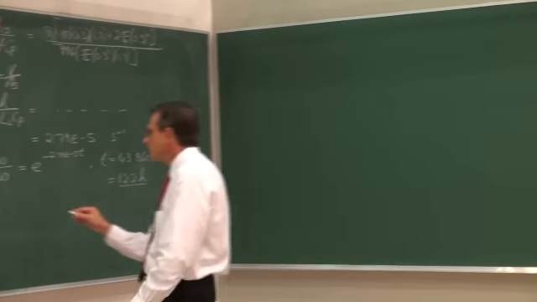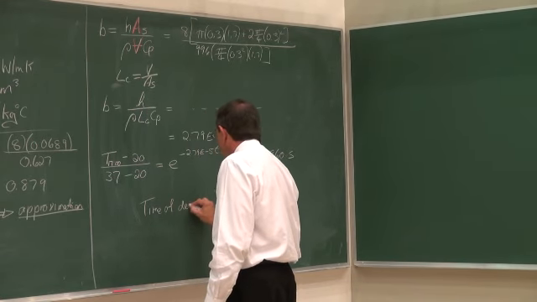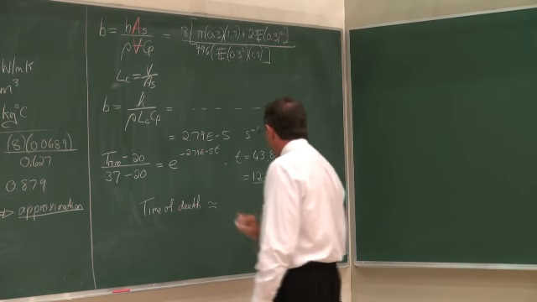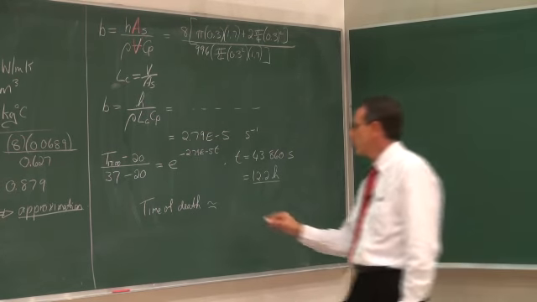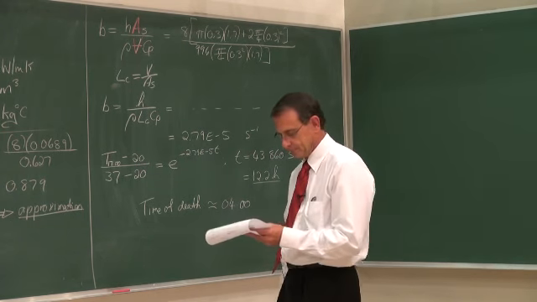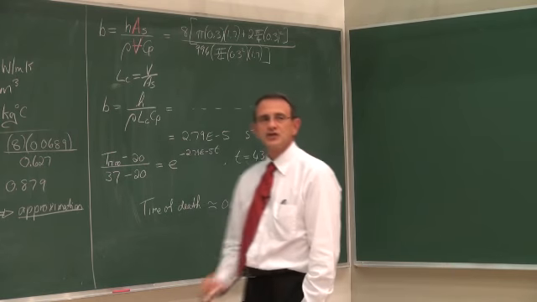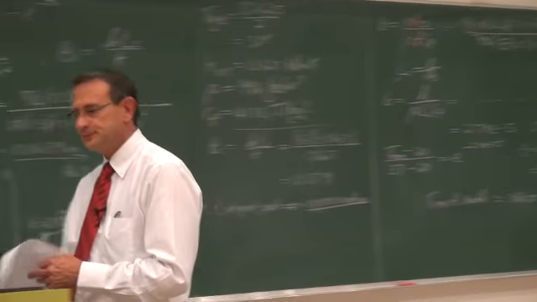So the time of death is approximately 4 o'clock in the morning. Or 5 o'clock. Approximately 5 o'clock in the morning.